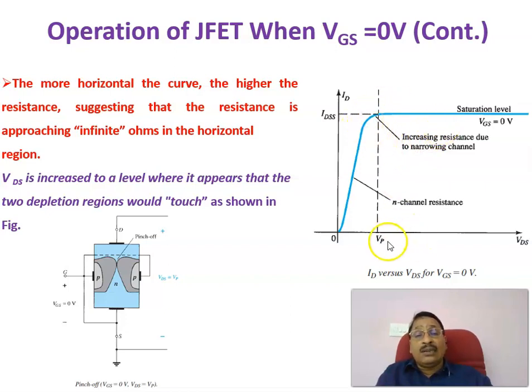Once the drain to source voltage reaches the pinch off voltage VP, the depletion regions will touch each other and there won't be any further increase in ID. ID reaches a constant value corresponding to VGS equal to 0, and that ID we call IDSS.